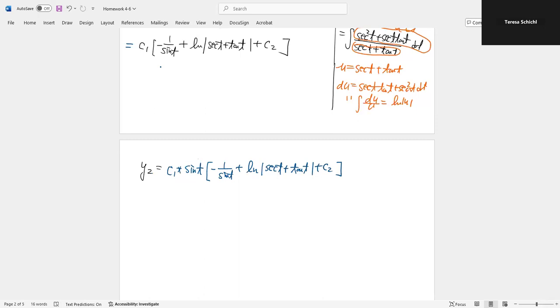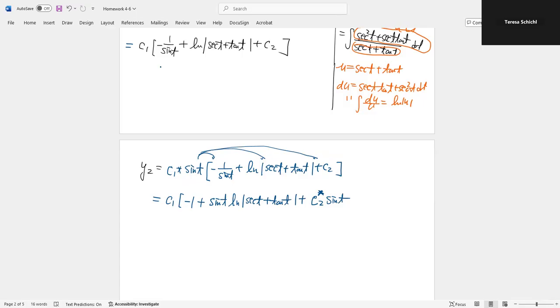So I multiply this one, formula in, formula in, formula in. This will be the C1 times (-1 plus sine t ln secant t plus tangent t), then plus C1 sine t, so I can have another constant here.